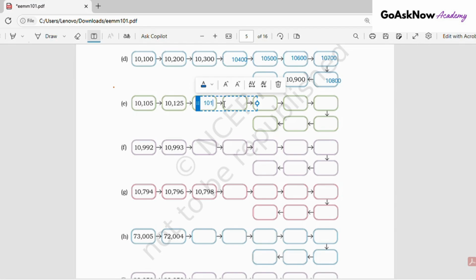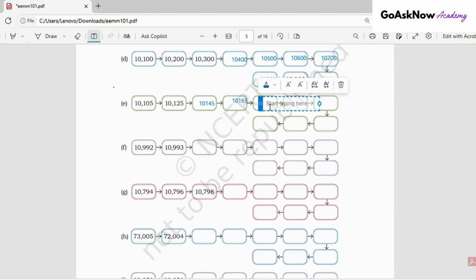We have to add the value, which is 20. 10,145 plus 20 is equal to 10,165.